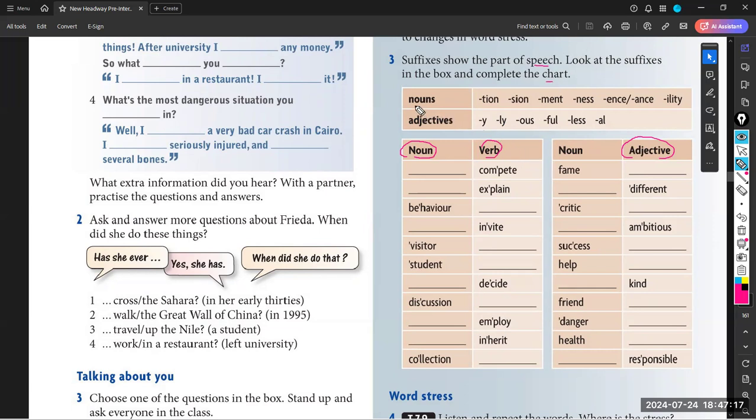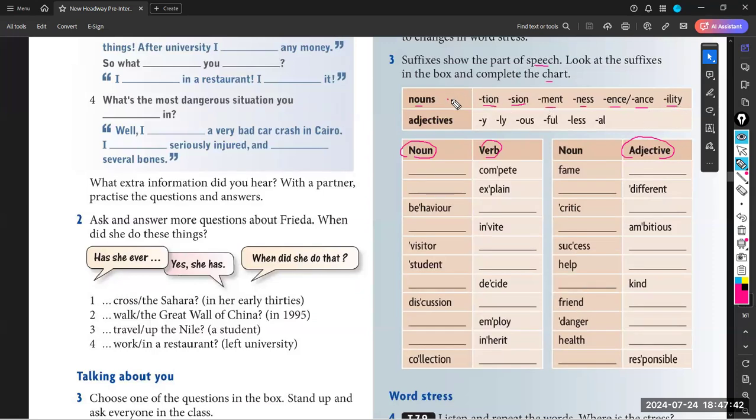Now we have these suffixes T-I-O-N. I have to pronounce these letters as shin, and S-I-O-N, I have to pronounce this suffix as zhen, and we have ment, ness, E-N-C-E or A-N-C-E, I-L-I-T-Y.